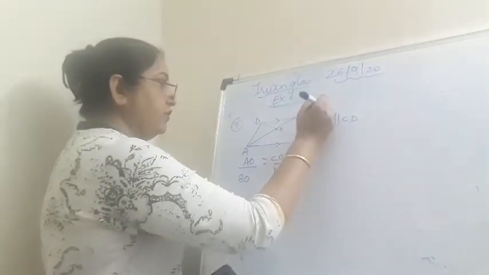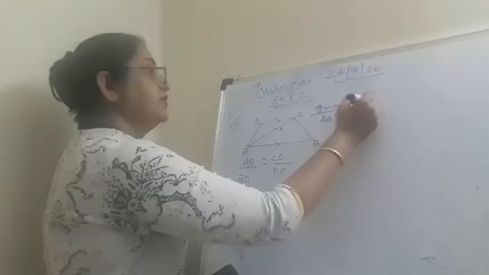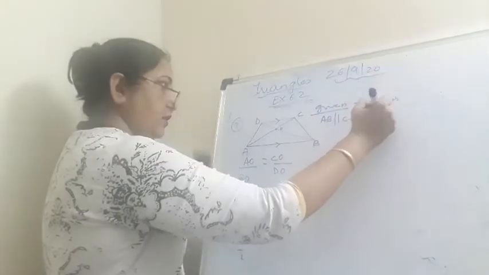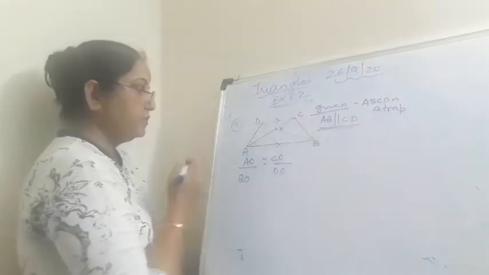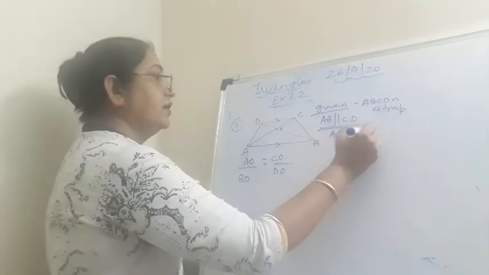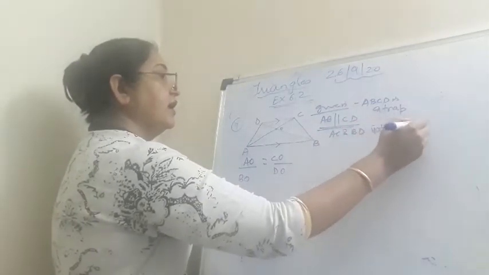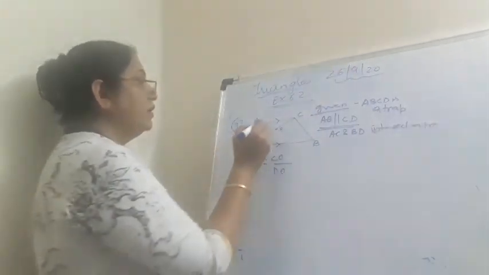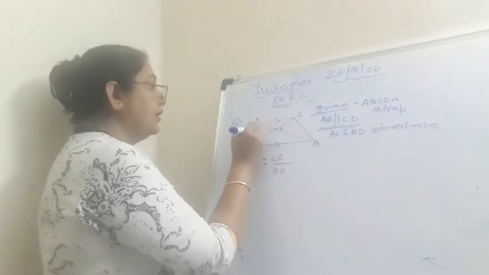So we will write here what is given. This is given, AB is parallel to CD. First we'll write that ABCD is a trapezium. AB is parallel to CD. Now, we will also write that AC and BD intersect at O. Now let us draw a line OE.